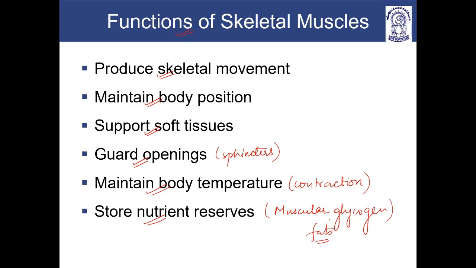When we talk about skeletal muscles, we will start with the smallest unit of skeletal muscle, that is a myofibril. So this is a bone, and the bone is attached to the muscle with the help of a tendon.